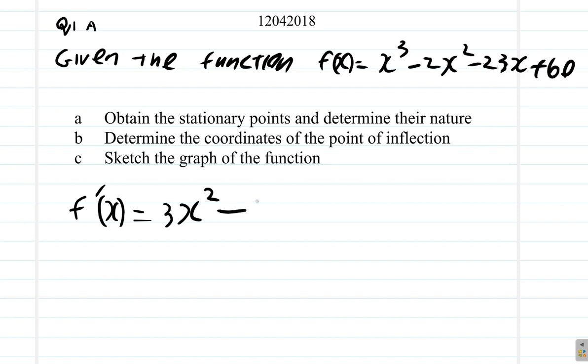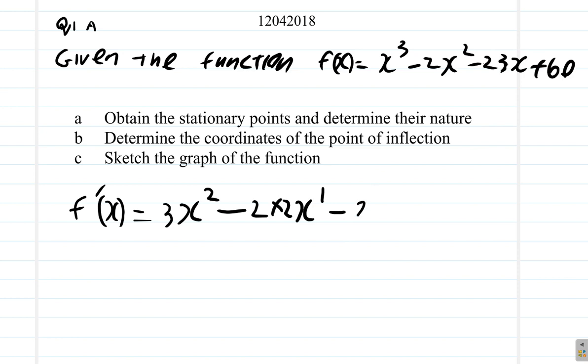Minus 2 times 2x to the 2 minus 1, which is just to the 1. Minus, the power of x here is 1, so you're going to have 1 times negative 23.